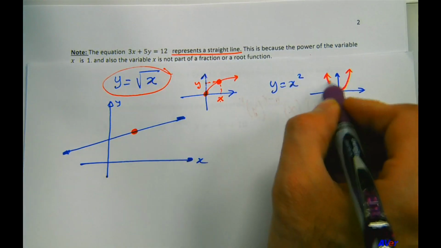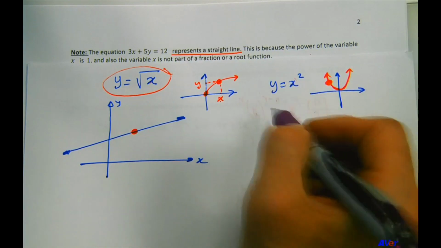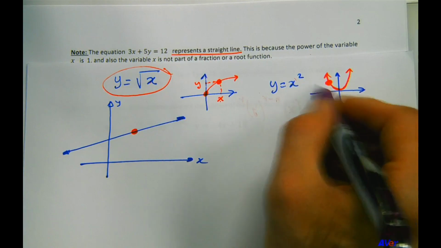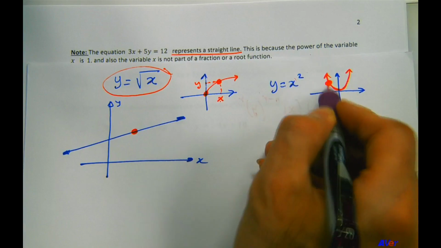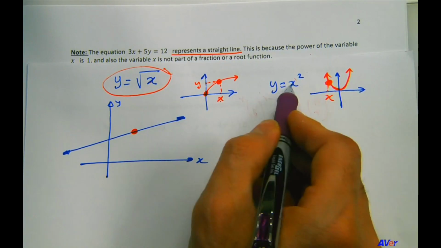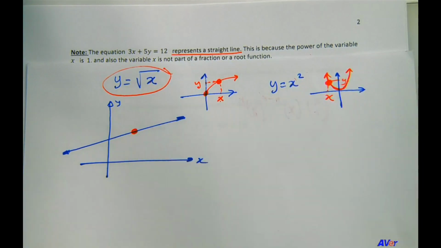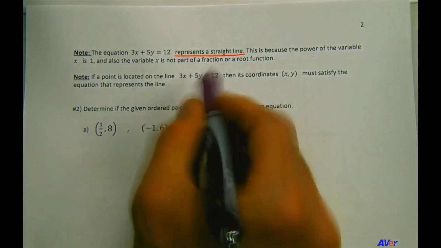Any point on this line should satisfy this equation. That means the x and y for that point should satisfy this equation. So if you plug in the x coordinate for that point into this equation and square it, you should get the y value for it. Okay, so any point on a line should satisfy this equation.